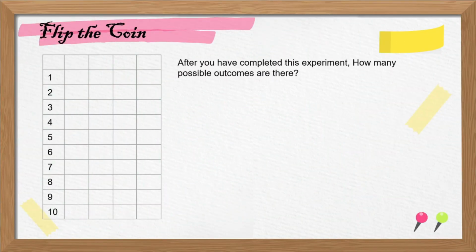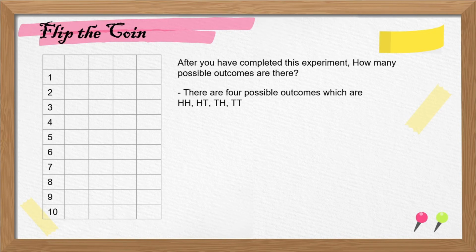After you have completed this experiment, how many possible outcomes are there? So ano-ano ba yung lumabas na outcome dun sa ginawa nating experiment? There are four possible outcomes which are heads, heads. So, pwedeng heads ng 25 cent, heads ng 1 peso coin. So, may lumabas na ganyang result kanina.